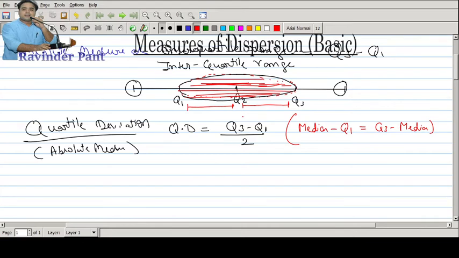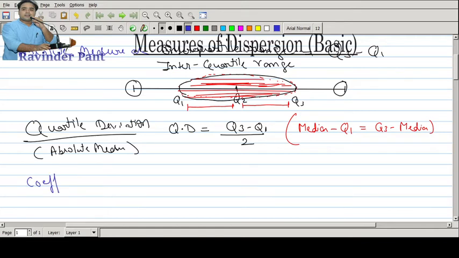Quartile deviation is an absolute measure of dispersion, and hence it cannot be used for comparison. For comparison, we will look into its relative version, which is the coefficient of quartile deviation.